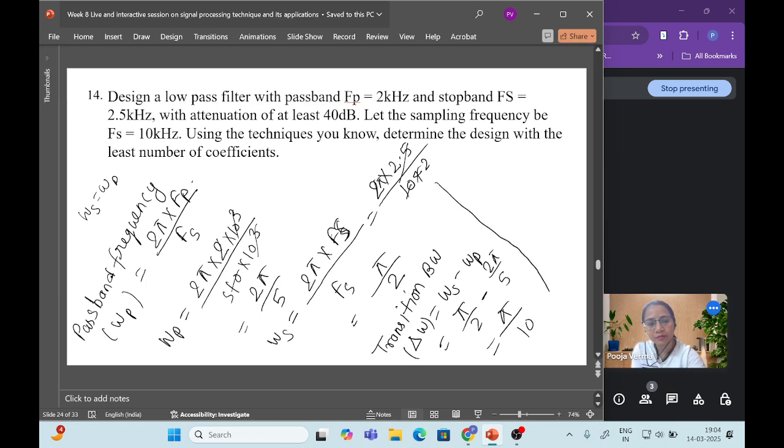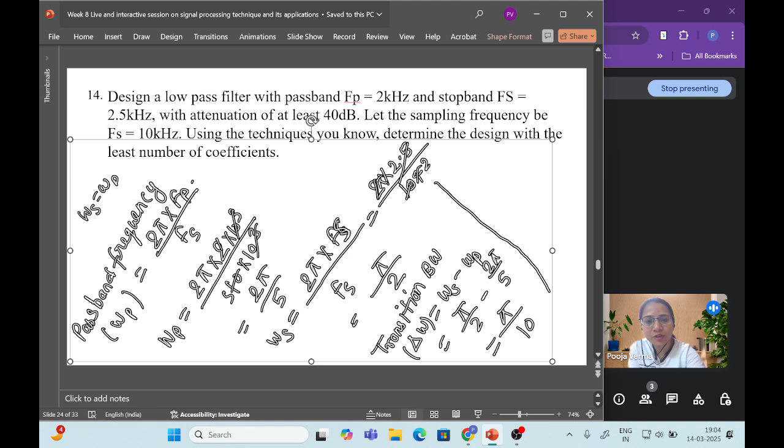Now what they have asked is to determine the design with the least number of coefficients, that is M. Design with the least number of coefficients.